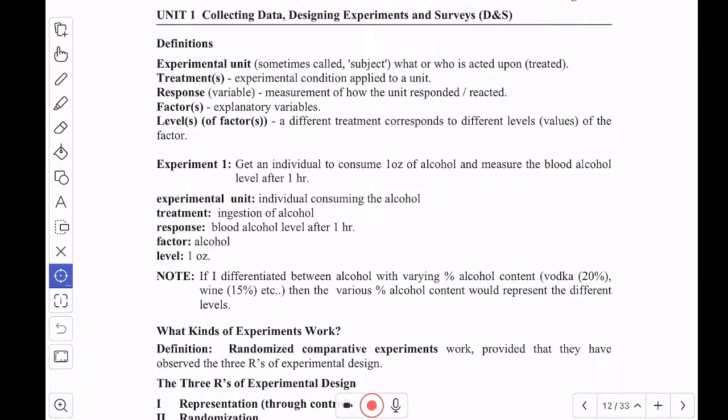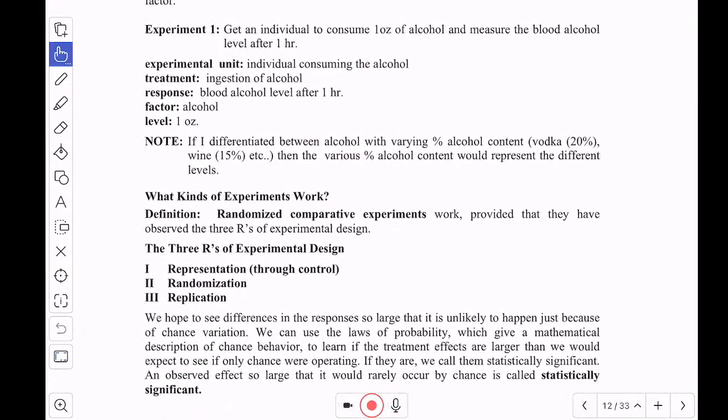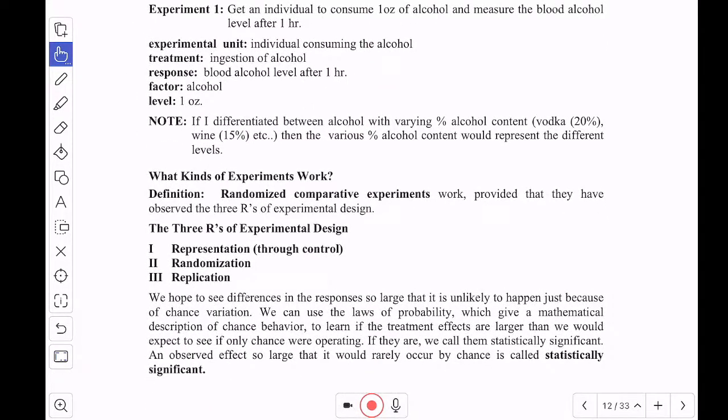So, questions? It was explained in the video that randomized comparative experiments work provided, and I'm going to add, that they have observed the 3 R's of experimental design.